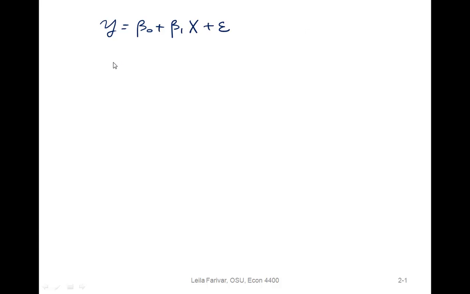There are three ways that you can write a hypothesis about one of the population parameters in this regression model, and let's say we are interested in beta 1. So there could be three types of hypotheses we can write about beta 1. The first type is called the one-sided or one-tail hypothesis test, and the other one is a two-sided or two-tail test.